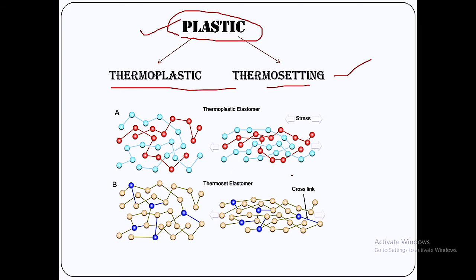For example, this is the initial setup of atoms in a plastic. Then what happens when you apply stress? There is a change. You can see there's a random movement.